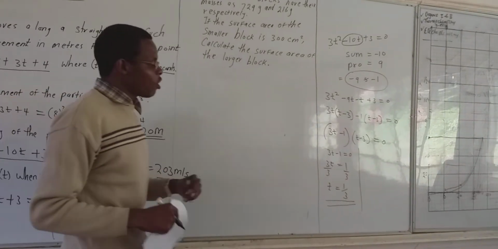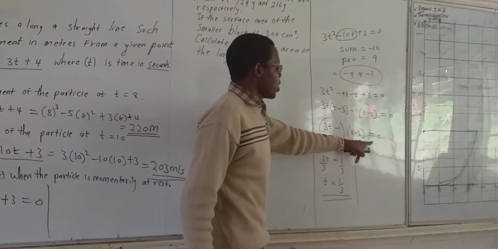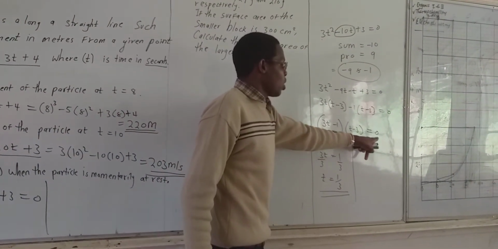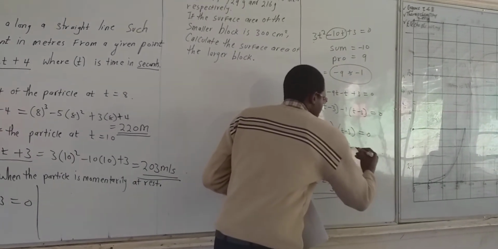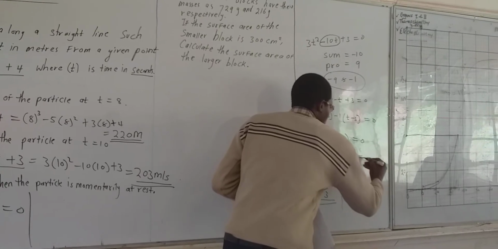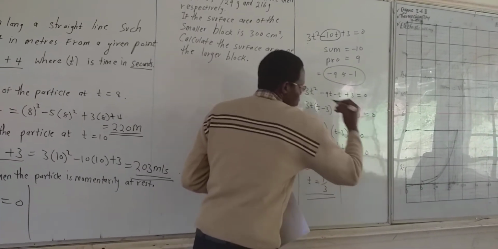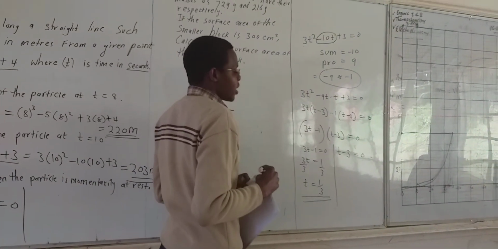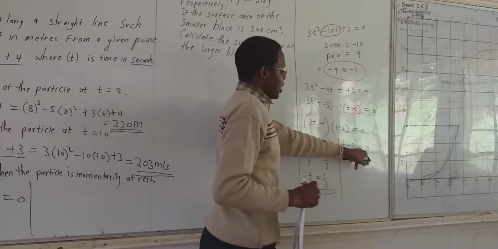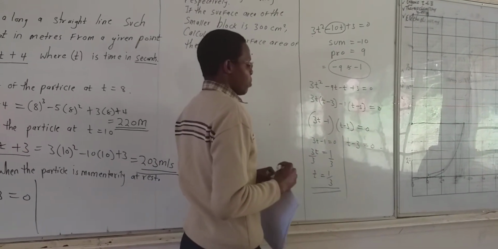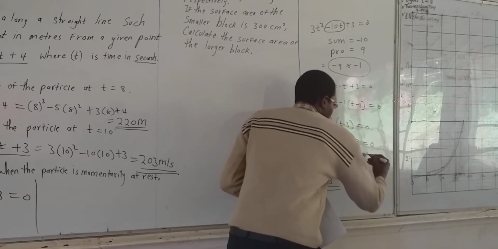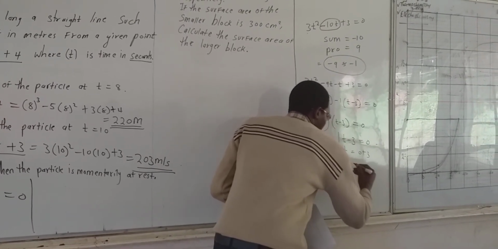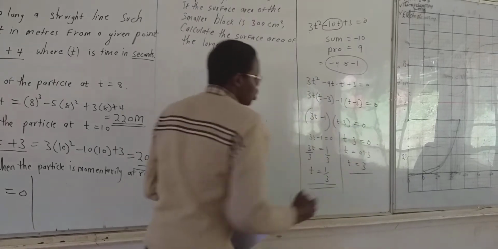The second value of t, you equate what we have on your second bracket to 0. So we have t minus 3 is equal to 0. When this one crisscrosses the equal sign, it changes the sign. So this one was a negative, the moment it goes to the other side, it becomes a positive. So our t is going to be 3.